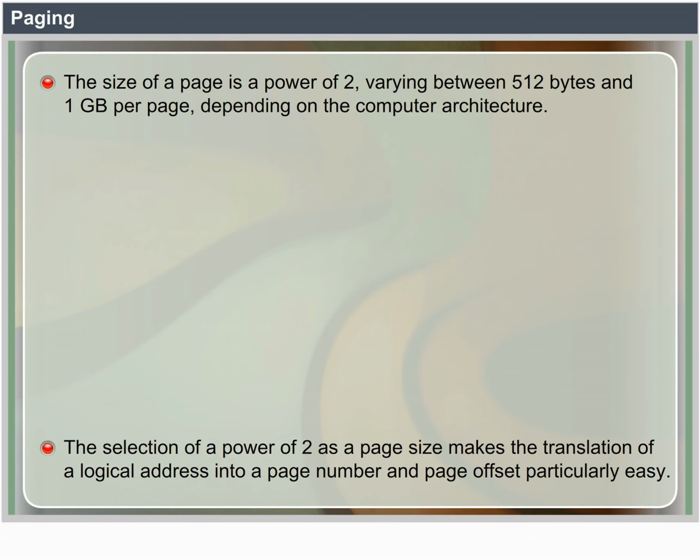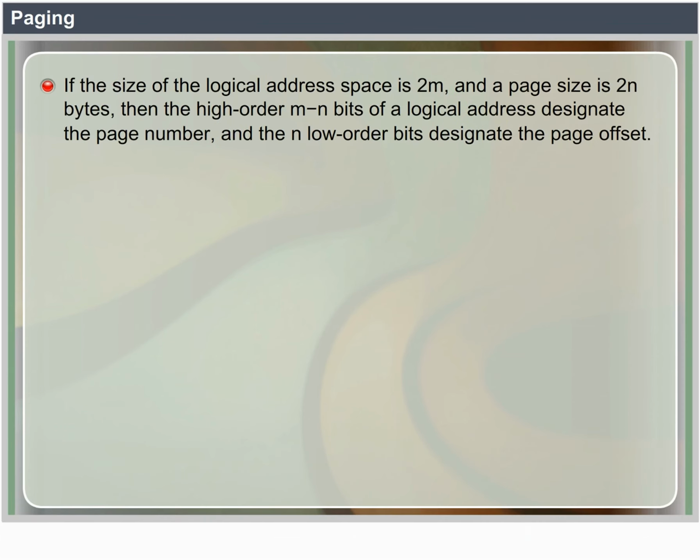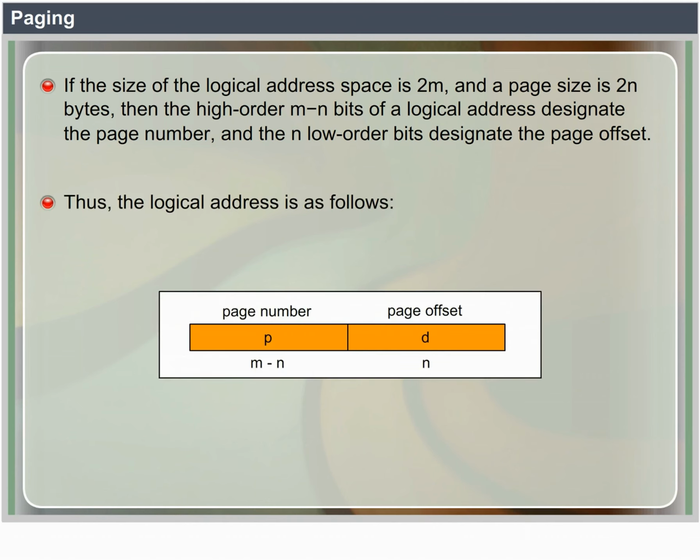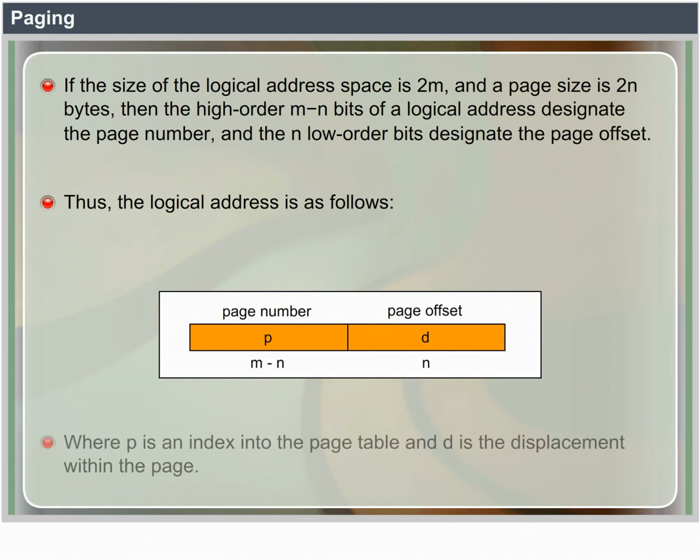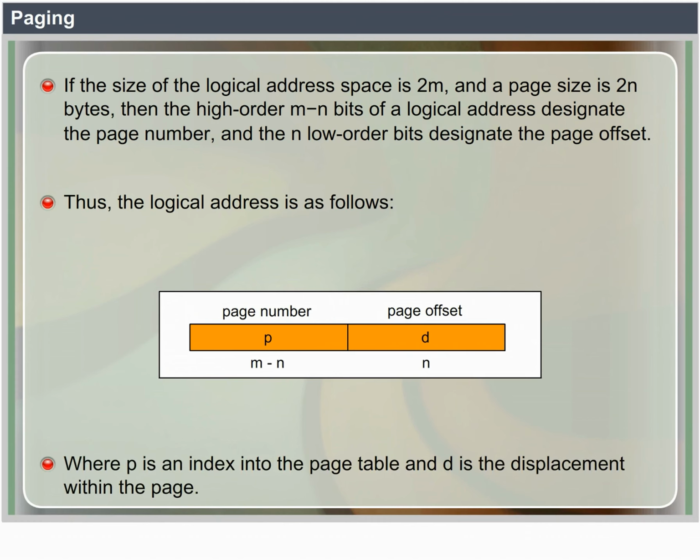If the size of the logical address space is 2^m and a page size is 2^n bytes, then the higher-order m-n bits of a logical address designate the page number, and the n low-order bits designate the page offset. Thus, the logical address is as follows, where p is an index into the page table and d is the displacement within the page.